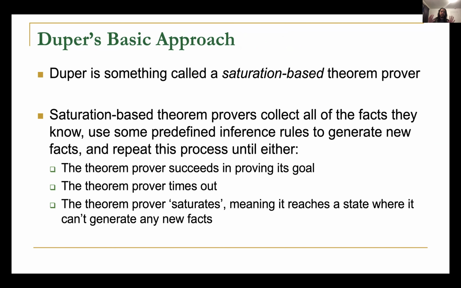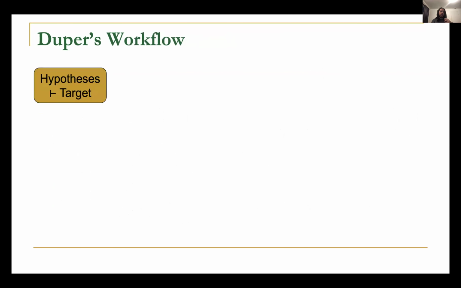So to see a bit more specifically what Duper's workflow is, Duper will start with a goal state that has hypotheses and a target. This is just like an ordinary Lean goal state.